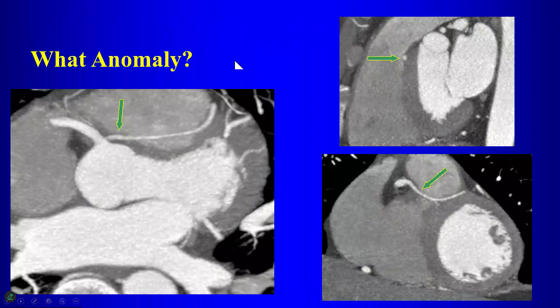Okay. What about this guy? LAD taking off of the right coronary, yeah, and it's going into the right ventricle. Oh, I forgot what this is called. Is this a benign course or is this a malignant course? Benign. Yeah, this is a benign course.